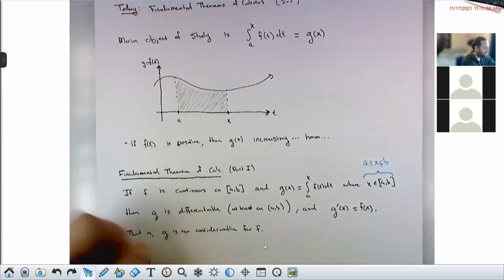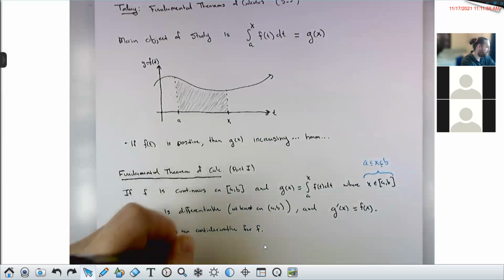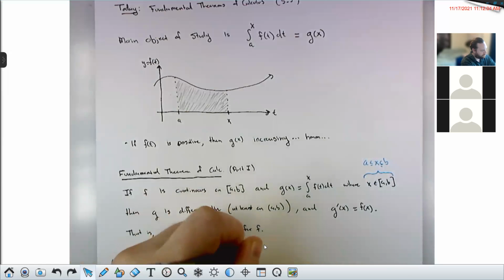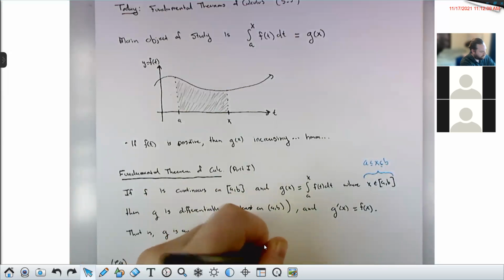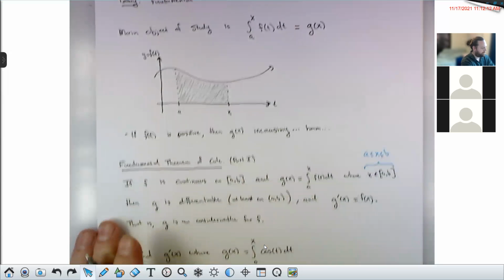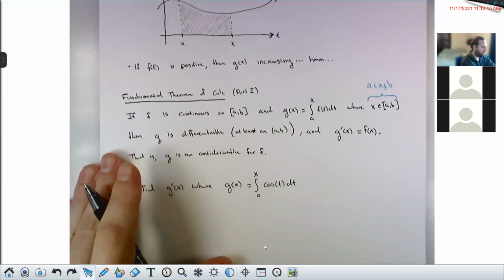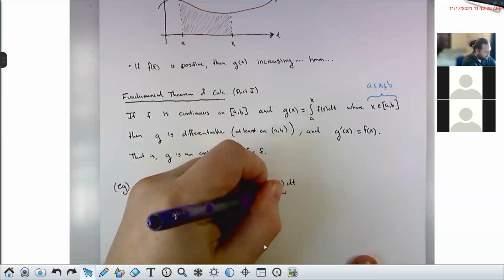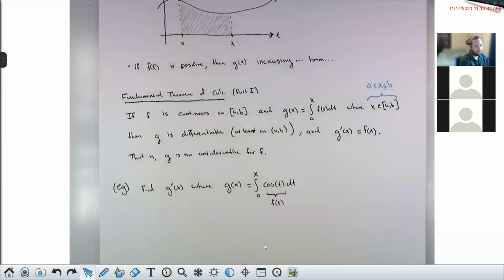I could say find g prime of x, where g of x is the integral from 0 to x of cos t dt. And what we recognize is that the function little f here, f of t, is cos t.